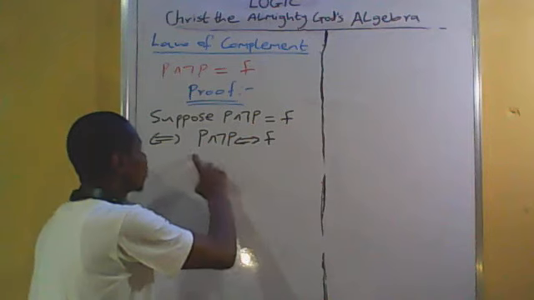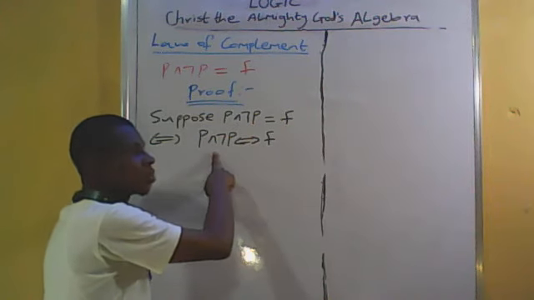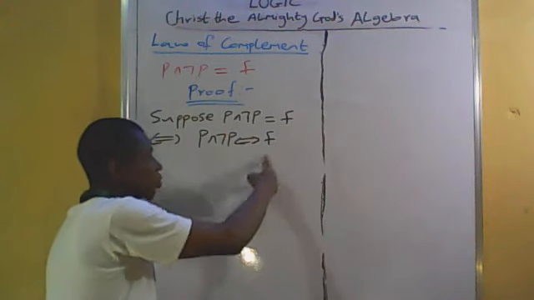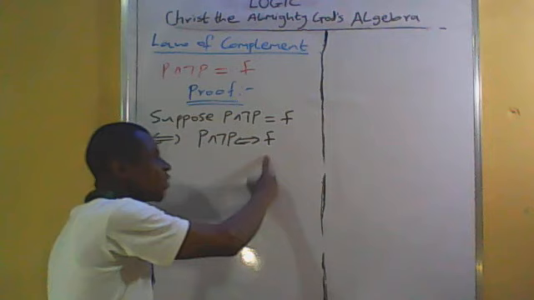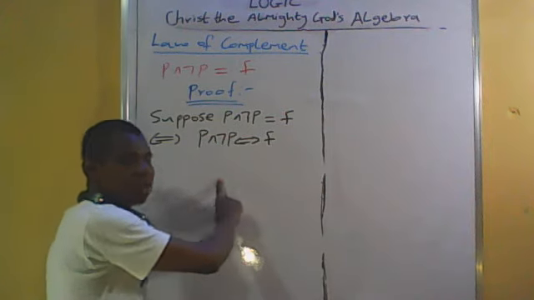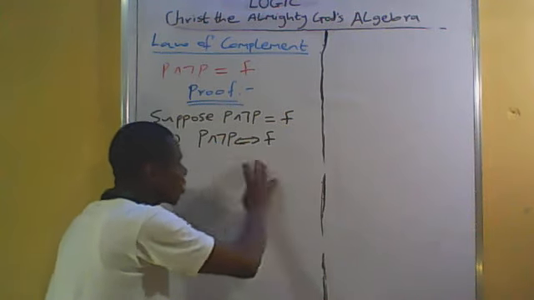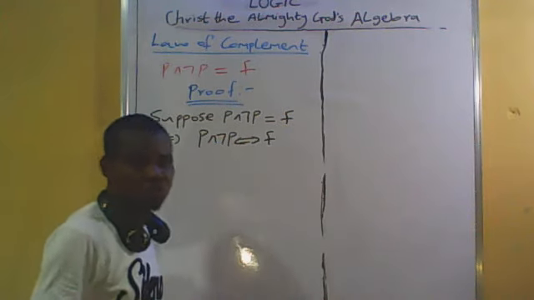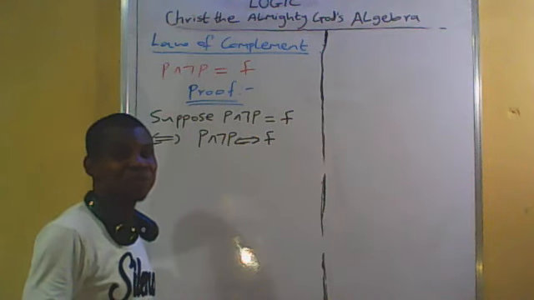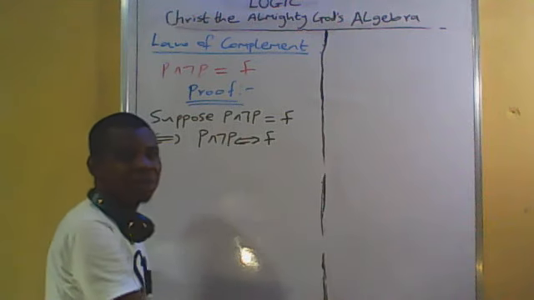So whenever P and not P is F, that means the left side is F. Also, the right side is also F. Whenever the right side is F, the left side is also F. So whenever we want to validate the statement, there's no possibility of getting falsity, always truth.